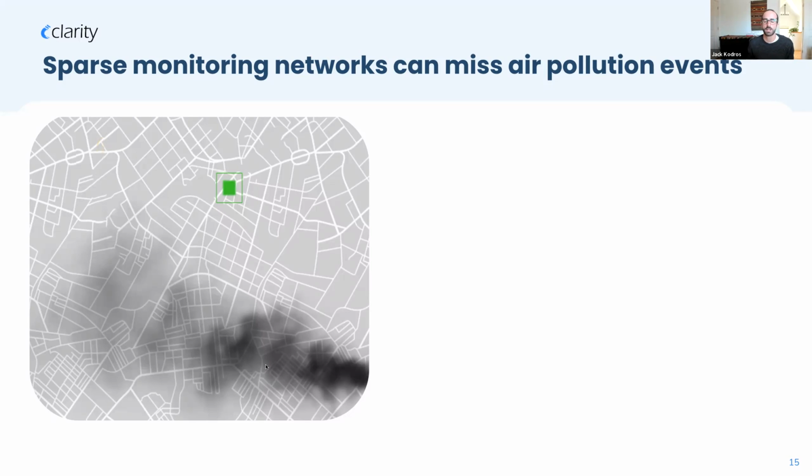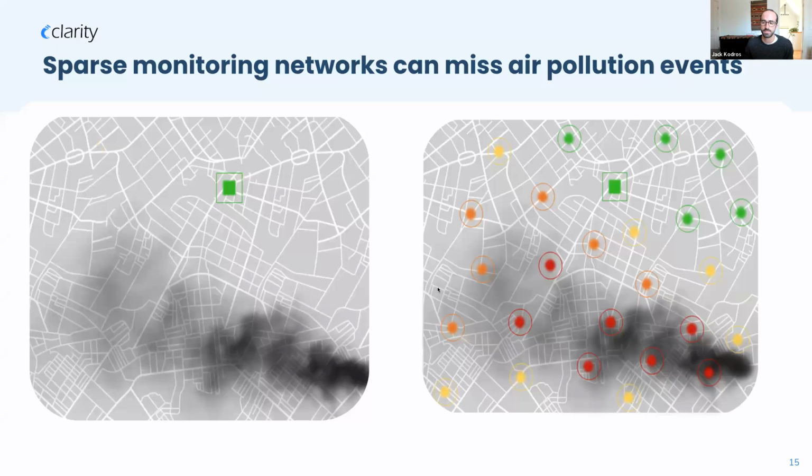It may report that air quality is fine, yet some people in these communities are going to be exposed to much higher concentrations. However, if we supplement the regulatory instrument with additional monitors, we can then start to see a gradient throughout the city, and we can understand the air pollution in different areas.